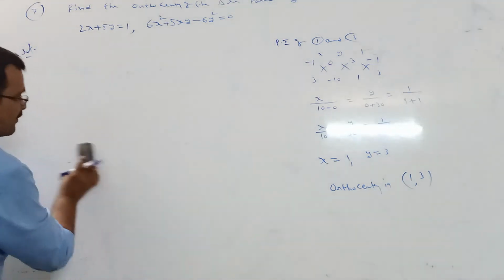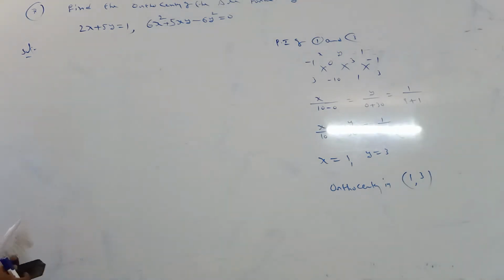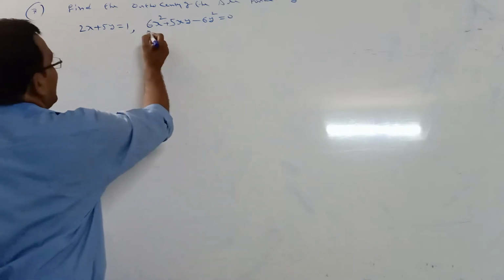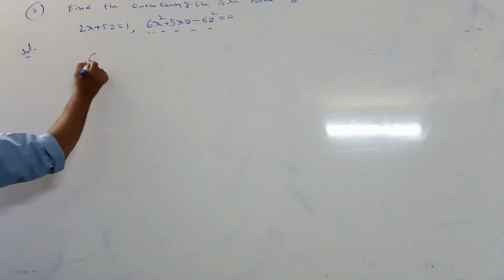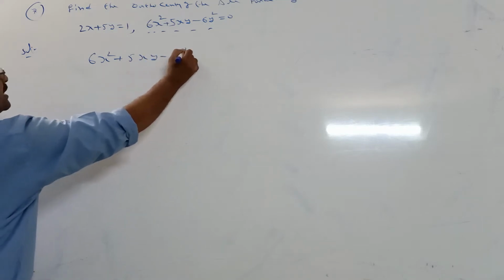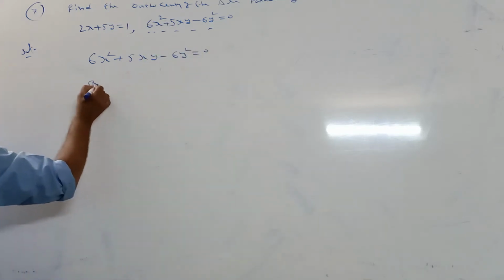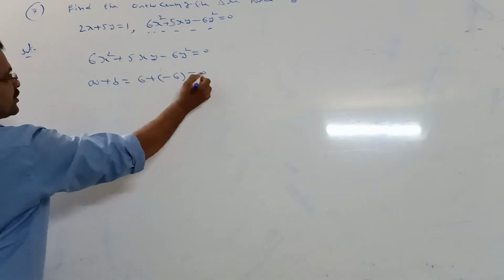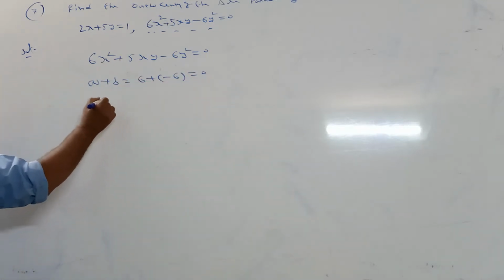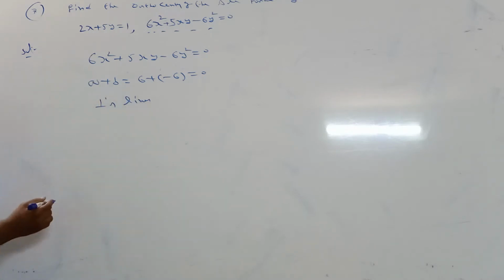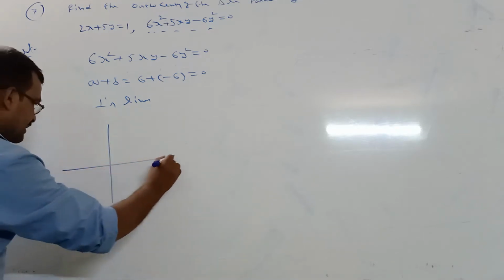So for this pair of lines, how do you find the orthocenter? In this pair of lines, 6x square plus 5xy minus 6y square equal to 0, a plus b is 6 minus 6 equal to 0. That means perpendicular lines.